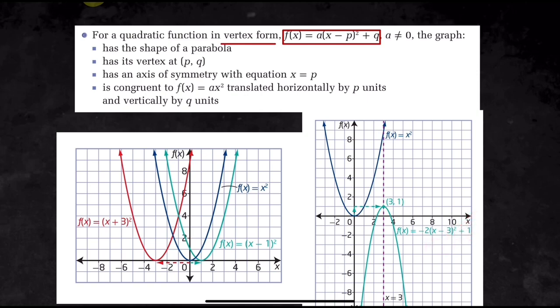And because my a is negative, my parabola should look down. Okay, and because also my a is greater than 1, my parabola will be stretched a little bit. So my parabola will be smaller. It will not be as wide as the first one.